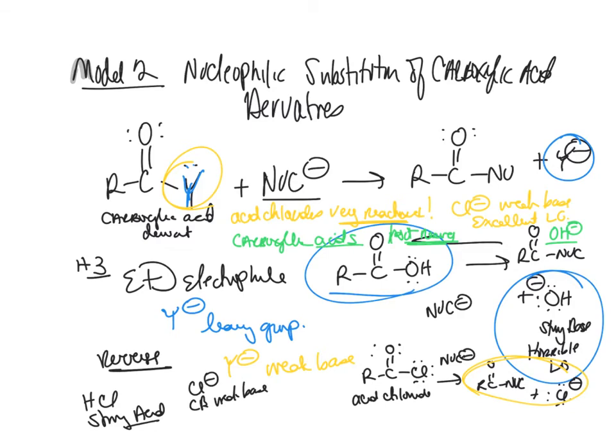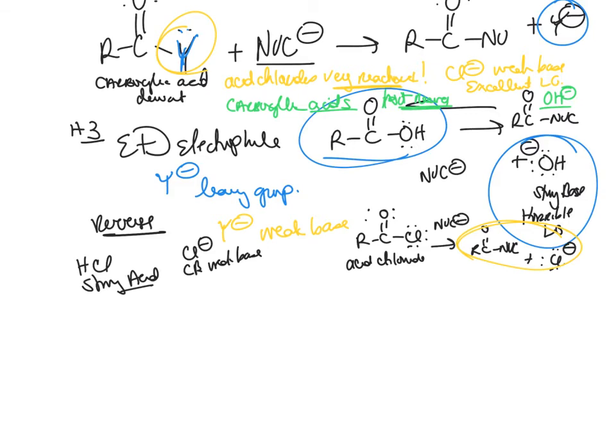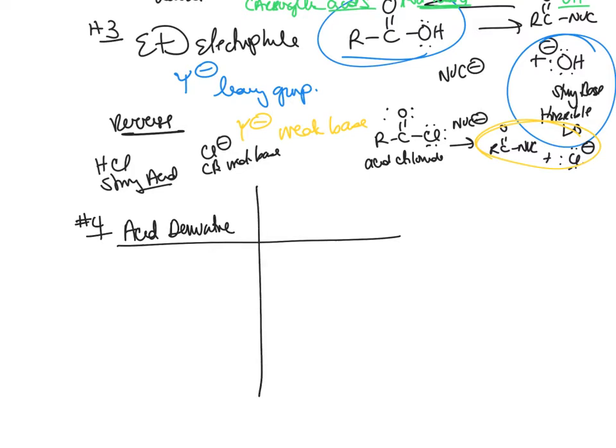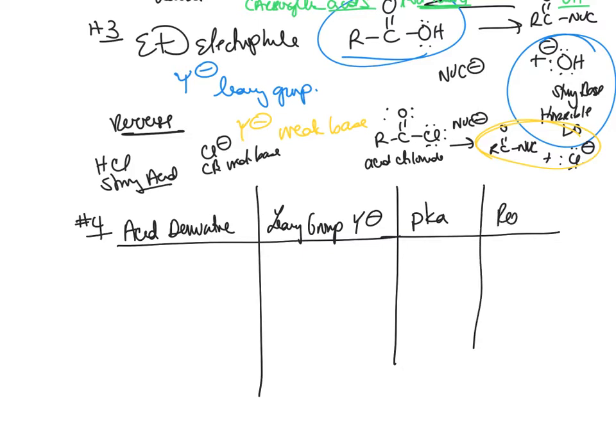Let's go to question number 4. In the following table, let's fill out the table. You have an acid derivative, you have a leaving group, we have a pKa value, and we have a reactivity.